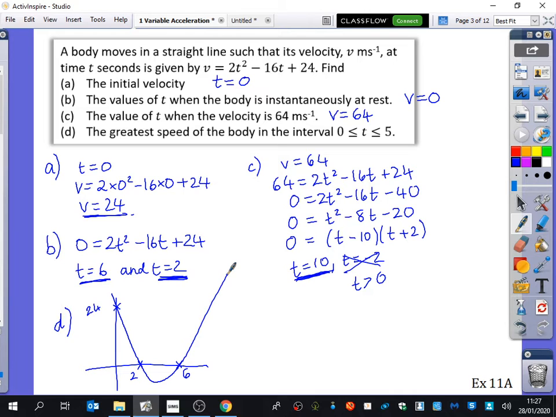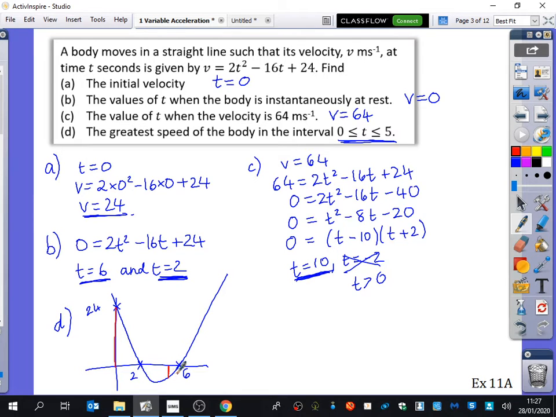And we're interested to find out what the maximum speed is in that particular range of values. The range of values that we're interested in is between 0 and 5. So let's just quickly think on our graph. 0 is here, and 5 is going to be somewhere over here.